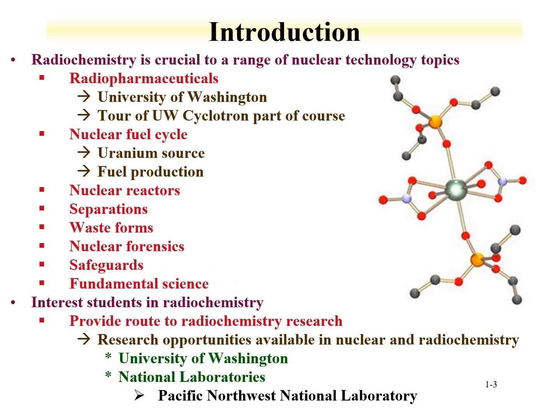An example of some of the fundamental and applied science relative to radiochemistry is shown here, where this structure of uranium and triethyl phosphate is shown. This is based on the separation of nuclear waste using the Purex process, which we will discuss later in the course.